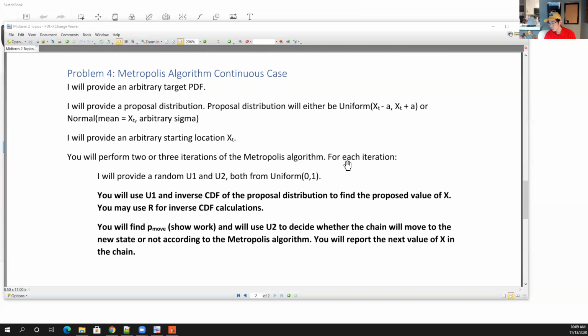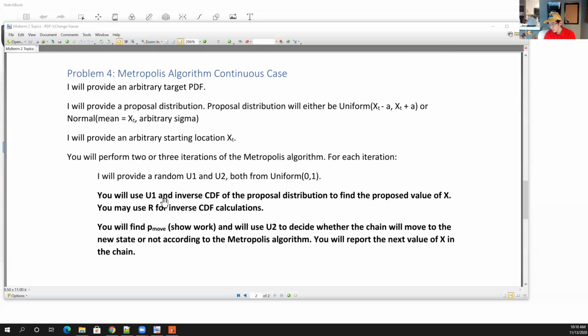All right, and for each of those, I will provide random U1 and U2 values that you're going to use in your calculations. Okay, these are both going to be from the uniform distribution, and then you use U1 and inverse CDF. So you've got to use the inverse CDF of either this uniform distribution or this normal distribution to find the proposed value of x. Okay, so make sure you understand how that works, right? So given your current location, if I give you a random u, where's the proposed value going to be?